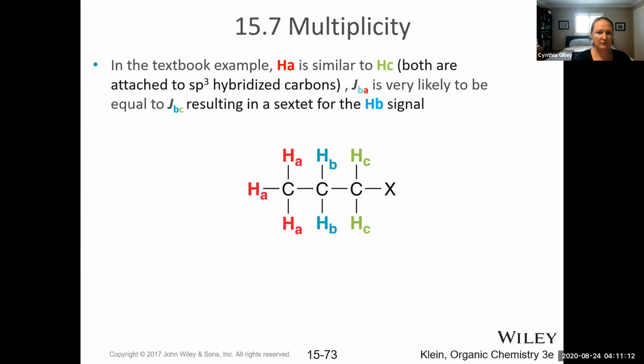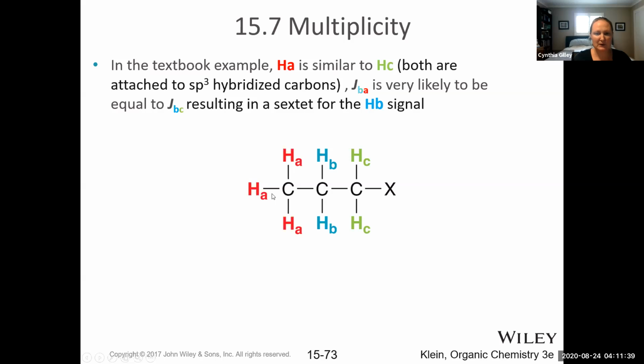Okay, the good news is the book's example for complex splitting is honestly very unlikely to be complex because it's just a propyl group. It talks about the different possibilities for HB, but realistically, you're going to be able to just use the n+1 rule, because the magnitude of how C affects B and how A affects B will be the exact same, because it's just a simple alkyl group.